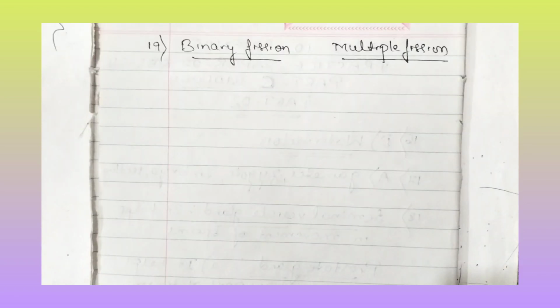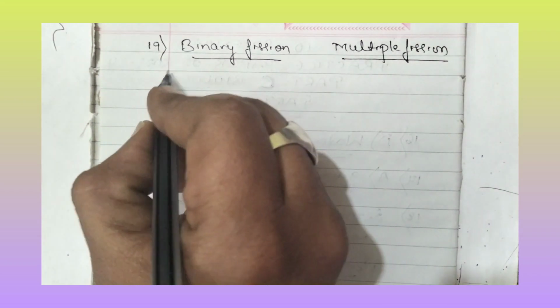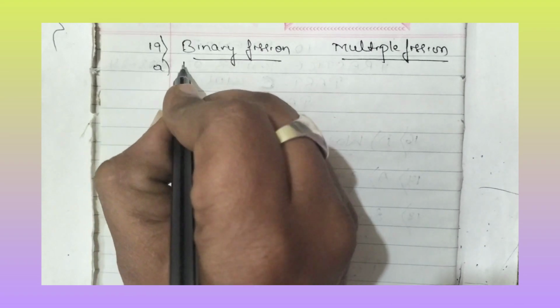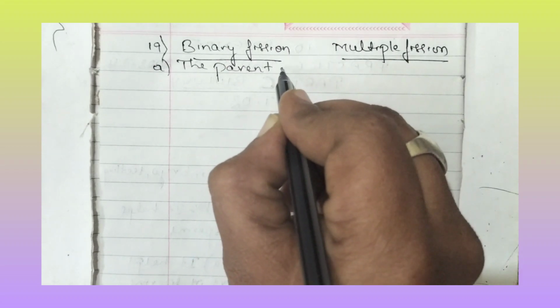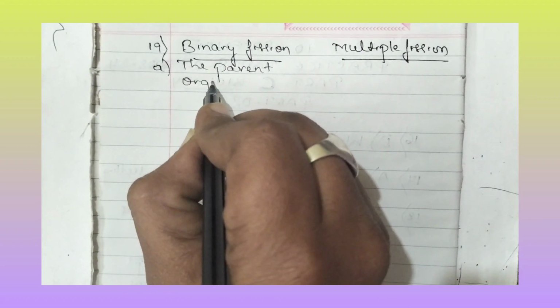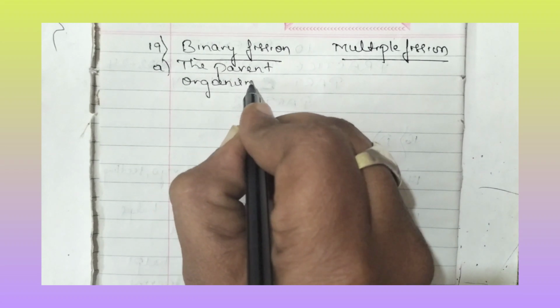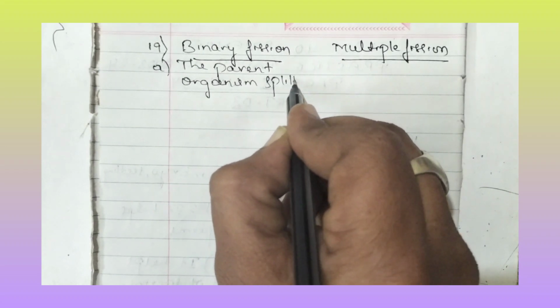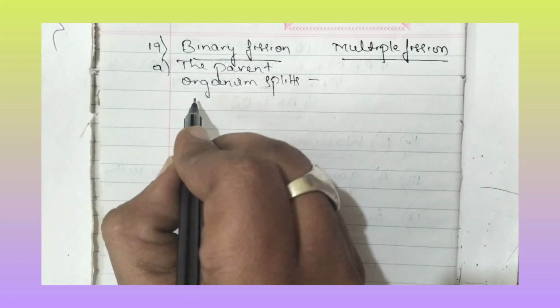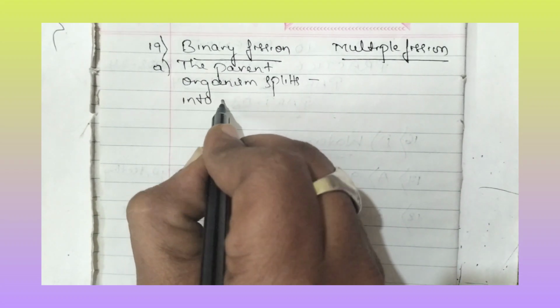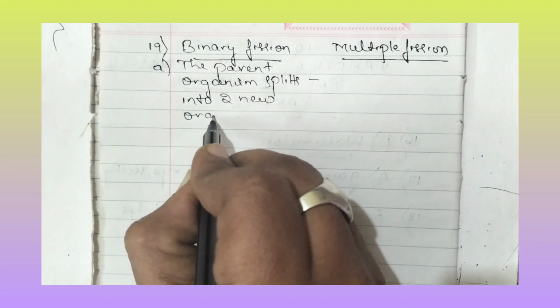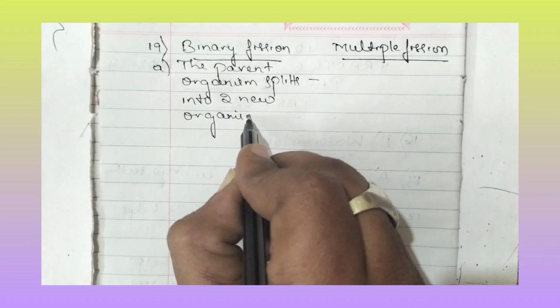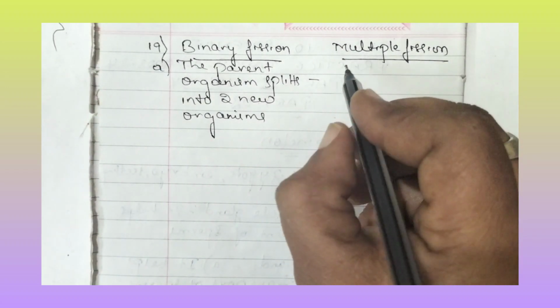So now let us differentiate between binary fission and multiple fission. So the first difference between binary fission and multiple fission is in binary fission, the parent organism splits into two new organisms.